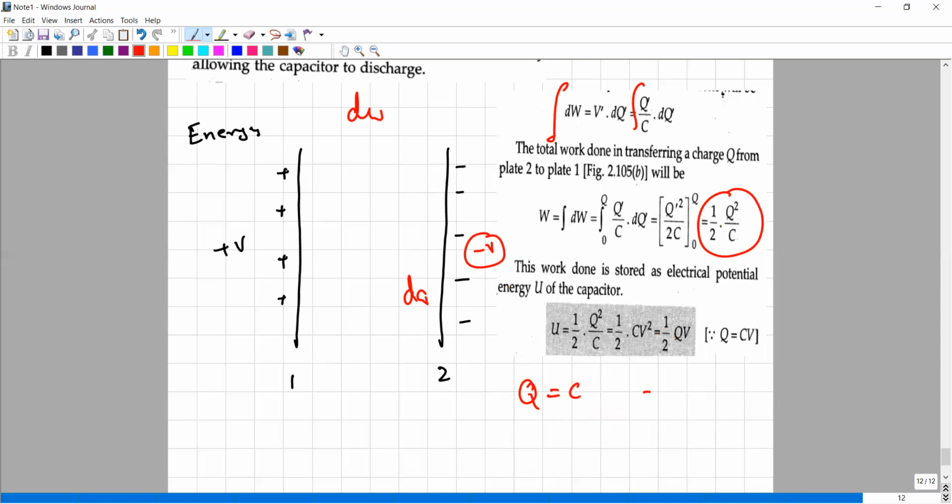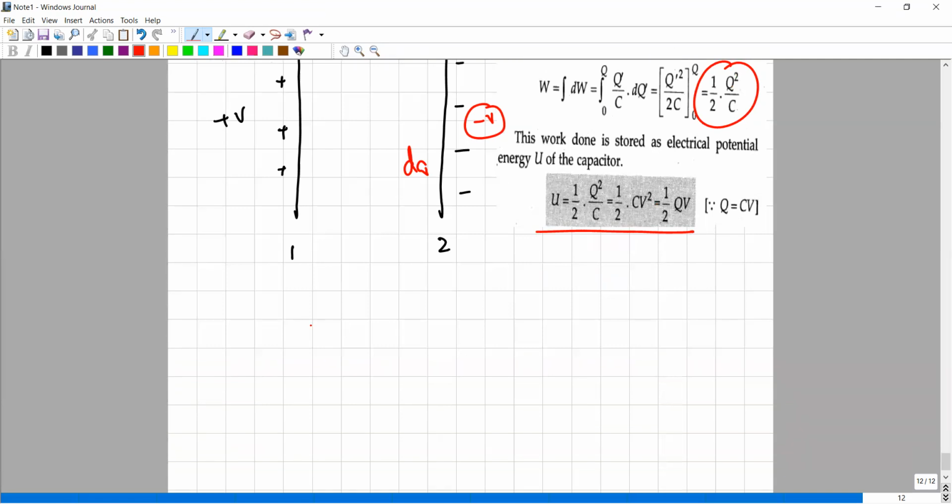Q is equal to CV, that we already know. That means I can change this expression half of q square by c into these forms. So if you just write half of q square by c, which can then be written as, q is equal to cv, so I can write half of c square v square by c, and the c cancels.